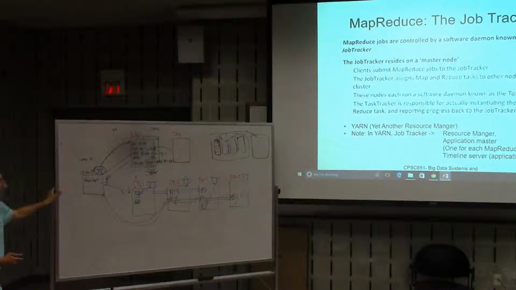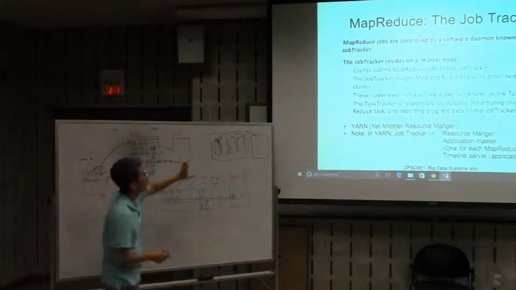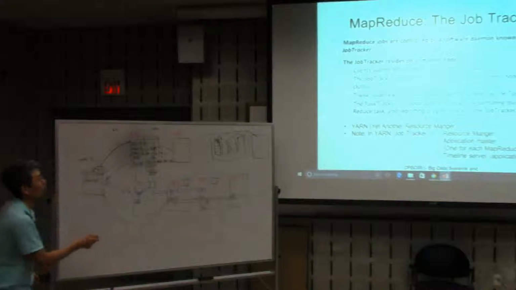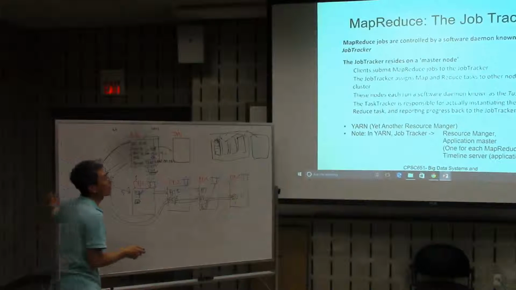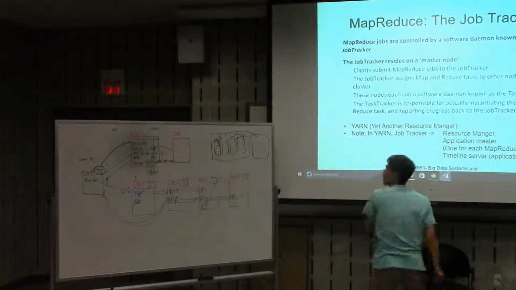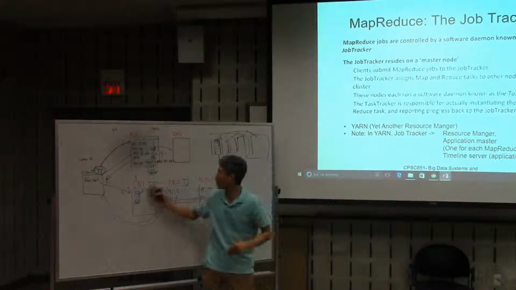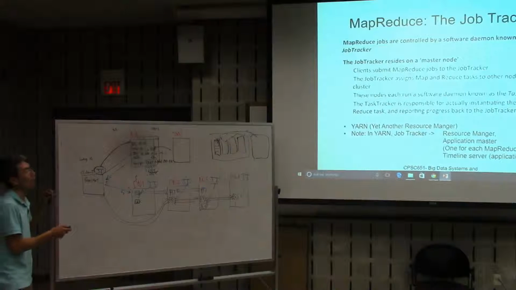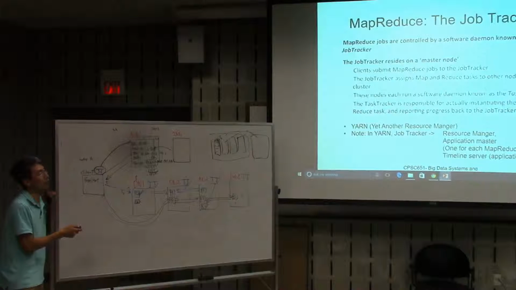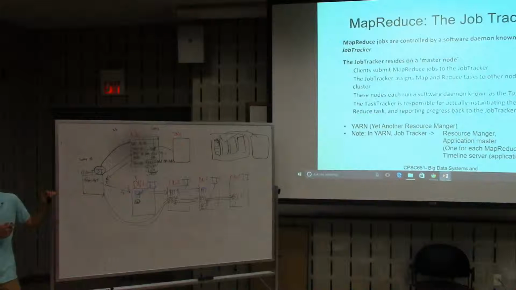Another is the application master, which means one for each application. And the timeline server manages all the history of each task. But in the traditional MapReduce 1, the one job tracker takes care of everything. We will see the benefit of YARN in a separate file that I will introduce.